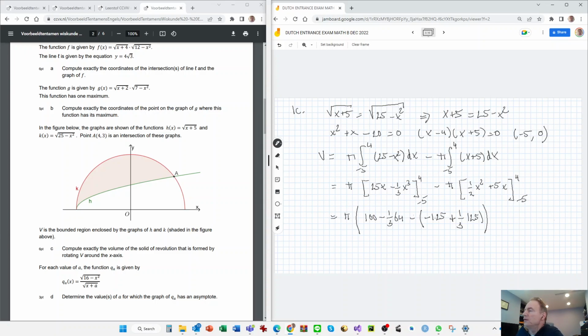And then minus pi, oops, out of space, 4 squared divided by 2 is 8, plus 20 minus a minus 5 squared, 25, so minus 12.5. And this got a minus 25. It's really easy to make mistakes here.